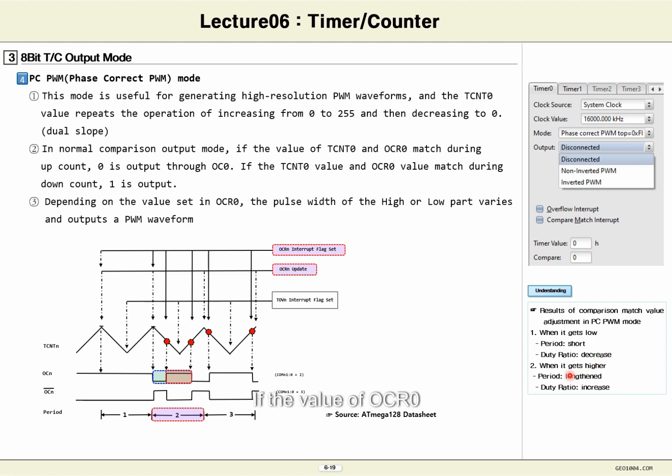If the value of OCR0 increases, the period becomes longer and the duty ratio increases. Well, I've explained it up to this point, and I'll explain it again.